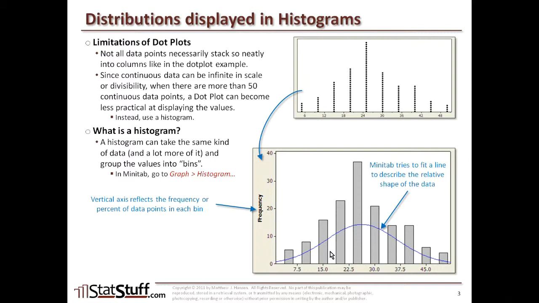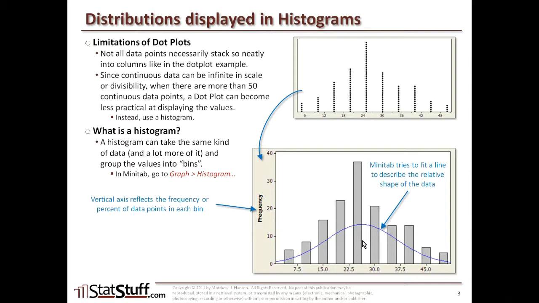Another element in here is the vertical axis, which represents the frequency, or the percent of the data points in each bin. So the one that's right around here is about 25% or so of the data points that fall within this particular bin. And this one is maybe about 38%, or at least 35%, of the data points that fall within this bin, and obviously all of them will add up to 100%.